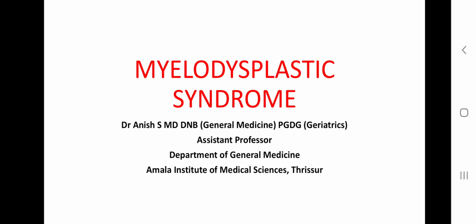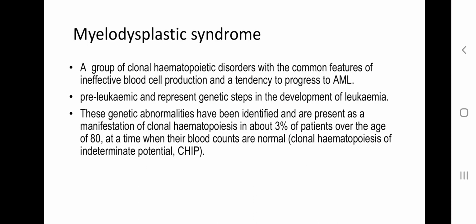Myelodysplastic syndrome. Myelo refers to bone marrow, and dysplasia means ineffective production. So myelodysplastic syndrome represents a group of clonal hematopoietic disorders with the common features of ineffective blood cell production and a tendency to progress to AML.